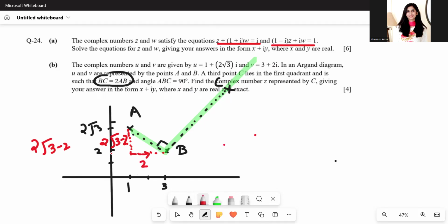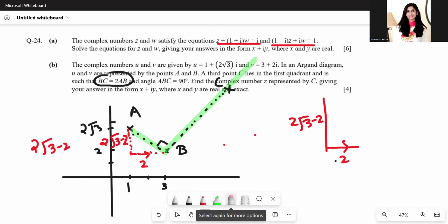Okay. Now we're going to rotate this by 90 degrees. So this is 2 and this is 2 root 3 minus 2. When we rotate it by 90 degrees, we get this and this. So this becomes 2 root 3 minus 2, and that becomes 2.